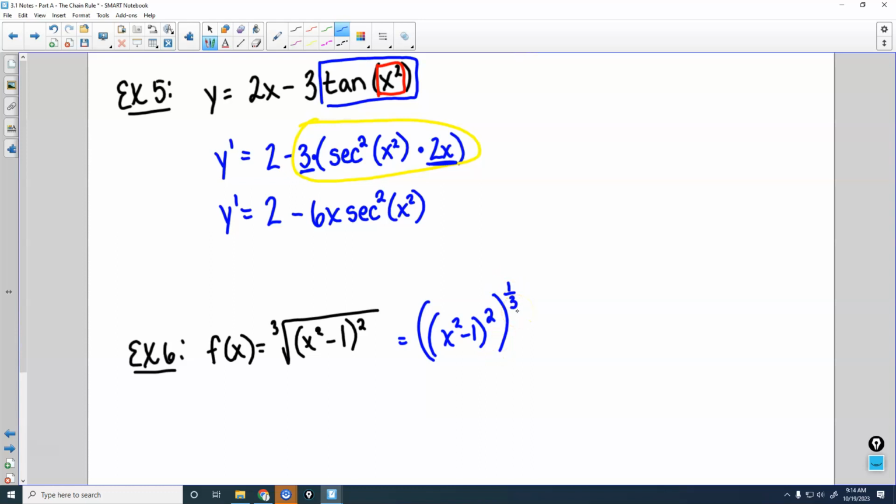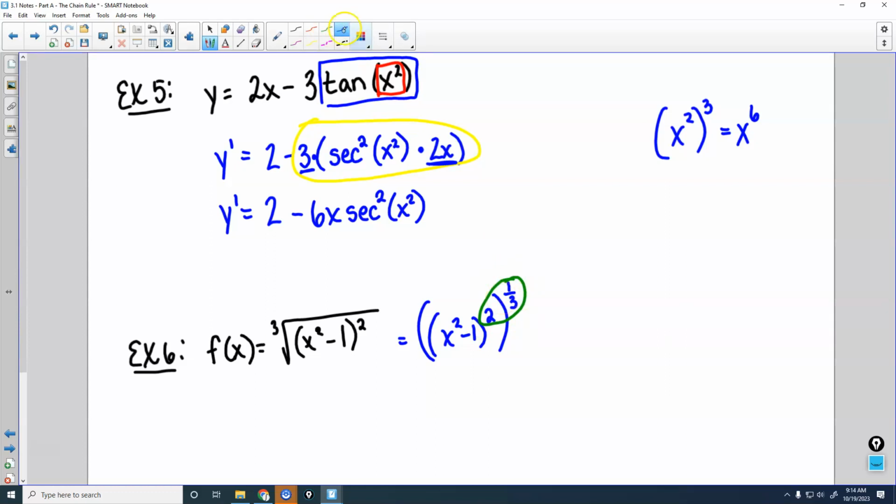Is that what you meant, Luke? Yeah. Okay. Now, remind me, if I've got something like x squared to the 3rd power, if I'm raising a power to a power, what do I do with those exponents? I multiply them, it'd be x to the 6th power, right? So that's what I'm doing right here. I'm raising a power to a power.